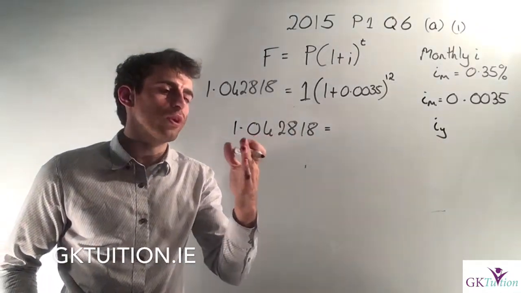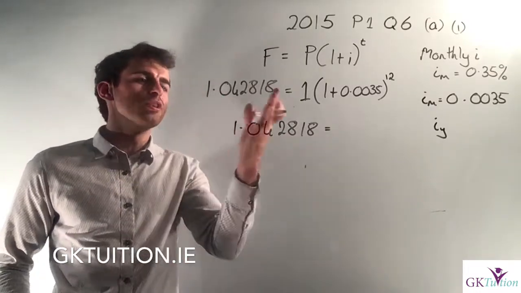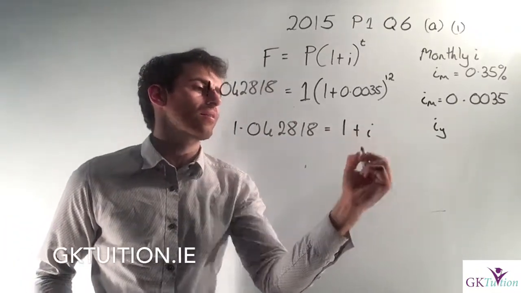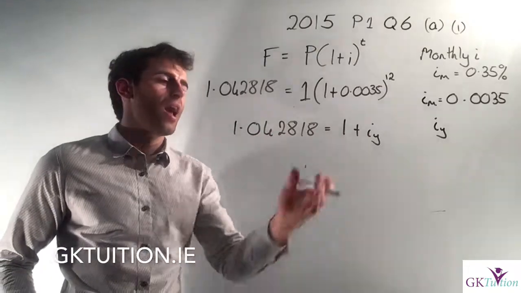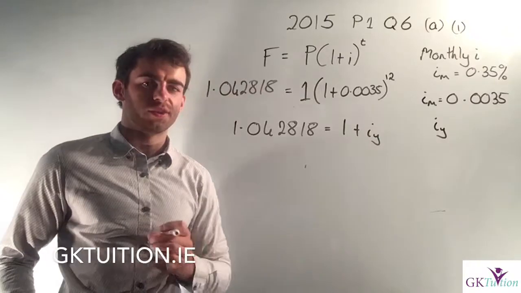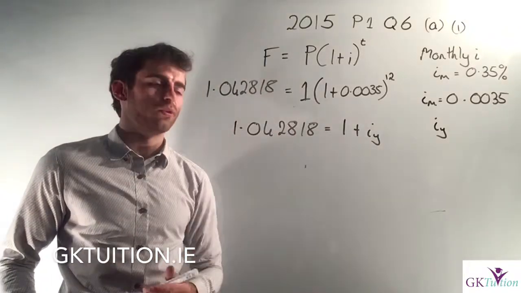The 0.042818 is the amount of interest I earned. I originally started off with €1, so I want to get rid of that. Think of 1.042818 as the €1 you started off with plus the interest that you've earned. So in other words, what we need to do is subtract 1 from both of these.